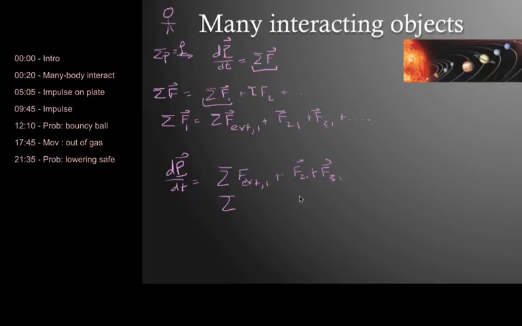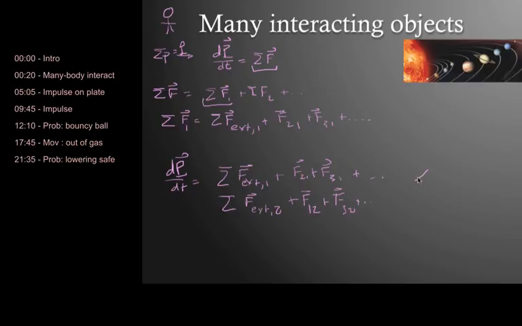And then we're going to get all of our external forces on 2, and you get the picture. 1 on 2 plus 3 on 2 plus all these other forces that we have.